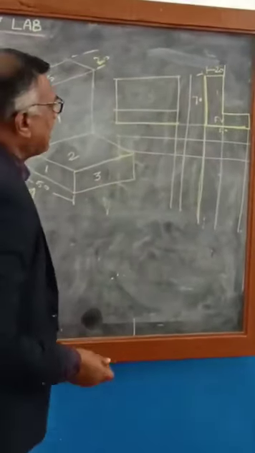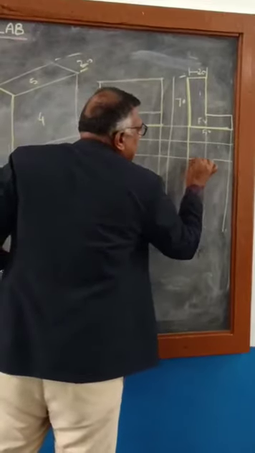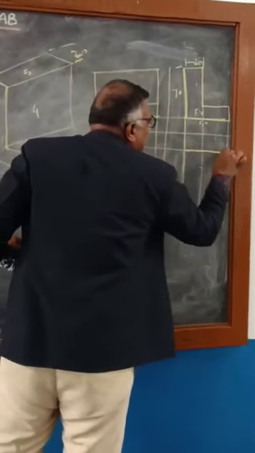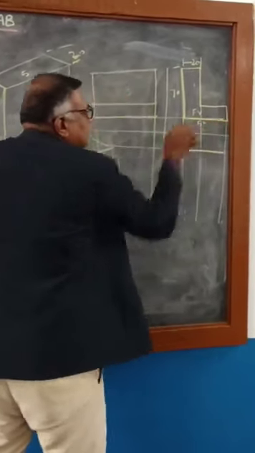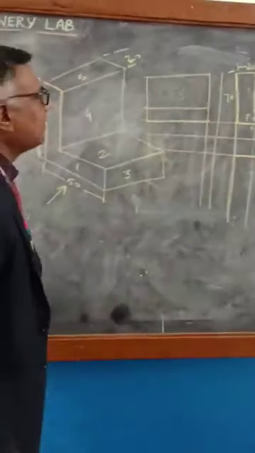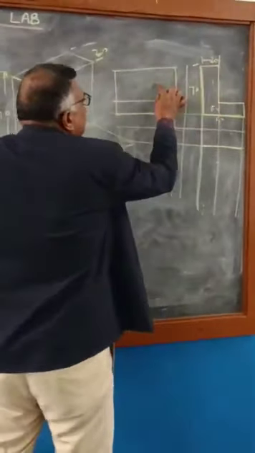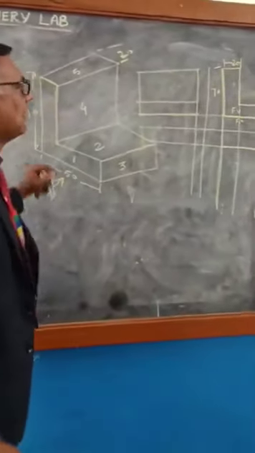So for any diagram, the front view length and top view length will be the same. If the front view length is 50, then the top view length will also be 50. If the front view height is 70, then the side view is also 70. Right.